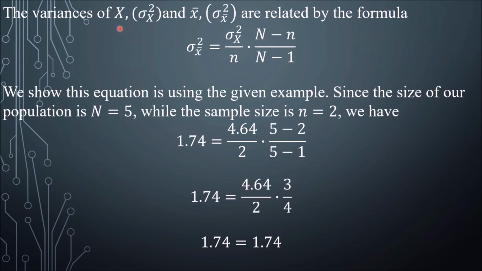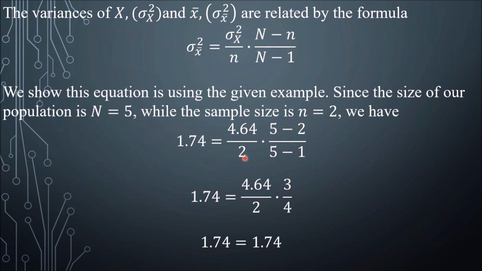The variances of x are related by the formula, this one again. We show this equation using the given example. So 1.74 is the variance of the sampling distribution, and then 4.64 is the variance of the random variable, number of marbles.